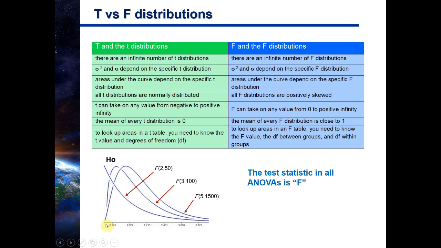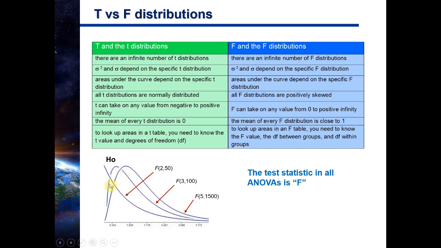Okay, so from this, we can see that it's not on the x-axis here, but it would start at 0. You cannot have an F value that's negative. And some of them look like they might have been normally distributed if we could have had negative F values, right? But we can't. So there is a very definitive positive skew.